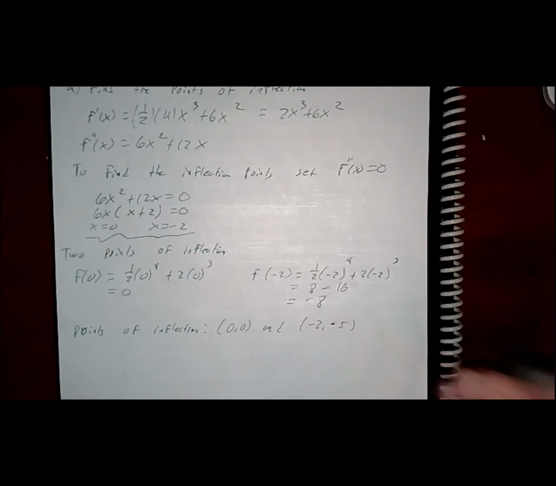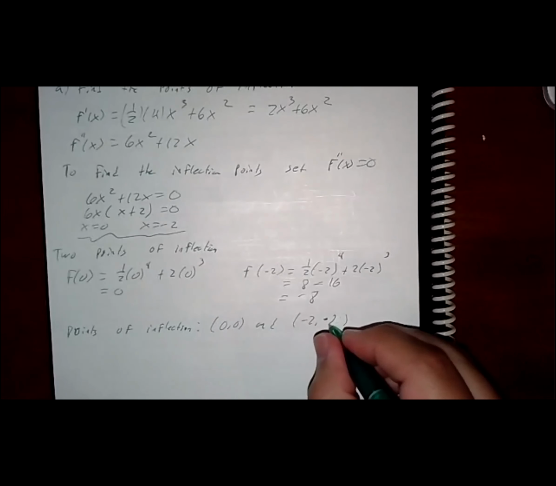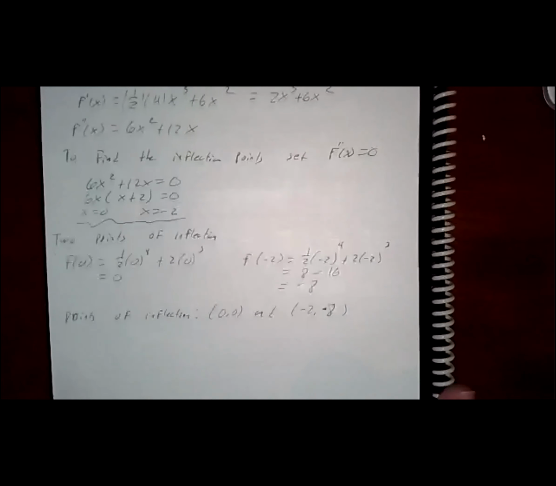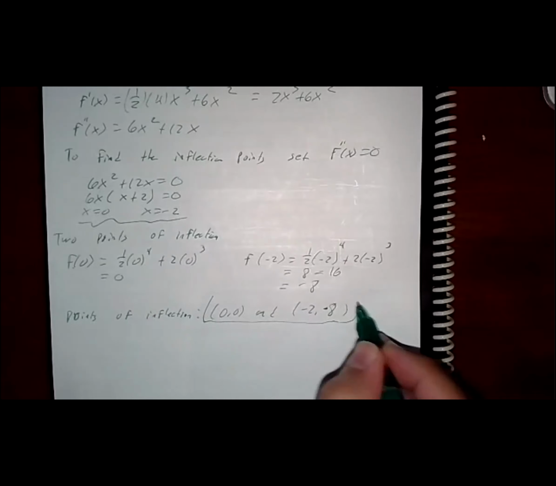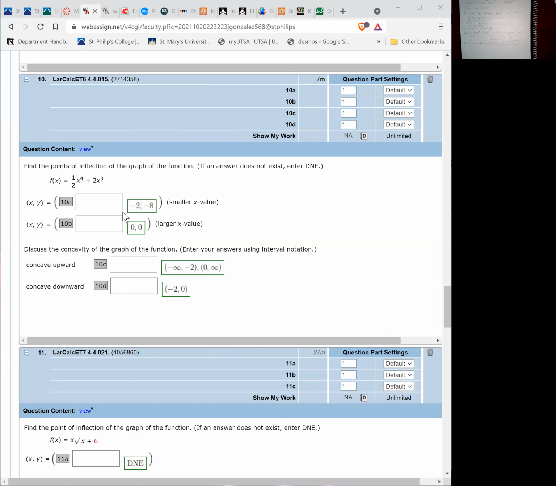There we go, so it's -8. Because to find the actual point or the location, you need to use the original f, not the derivative. So here's the answer for part A. That's what they got here. The smaller inflection point is -2, -8.